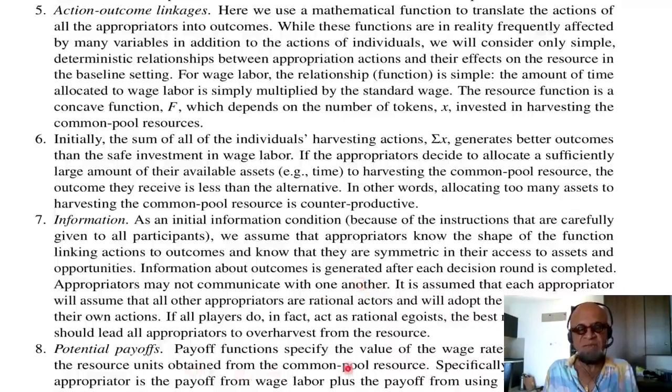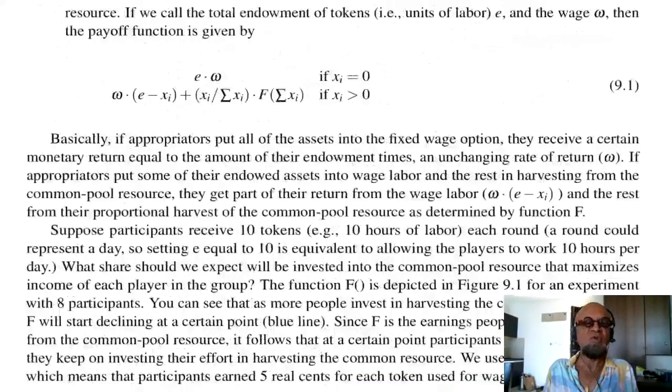Potential payoffs, then. The payoff functions specify the value of the wage rate and the value of the resource units obtained from the common pool resource. Specifically, the payoff to an appropriator is the payoff from wage labor plus the payoff from using the common pool resource.